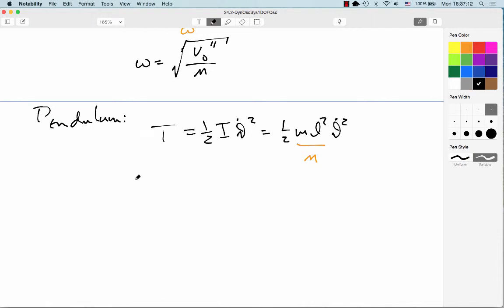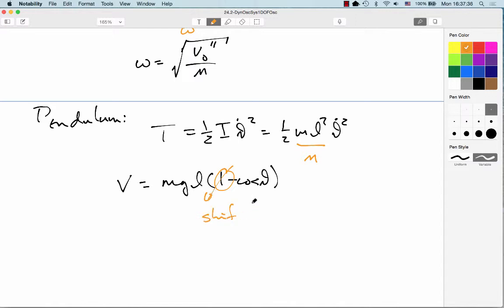So potential energy, we can say is equal to mgl times 1 minus cos theta. We could drop that 1 if we wanted to. In fact, we will by doing a clever shift. So we'll just shift this one away.